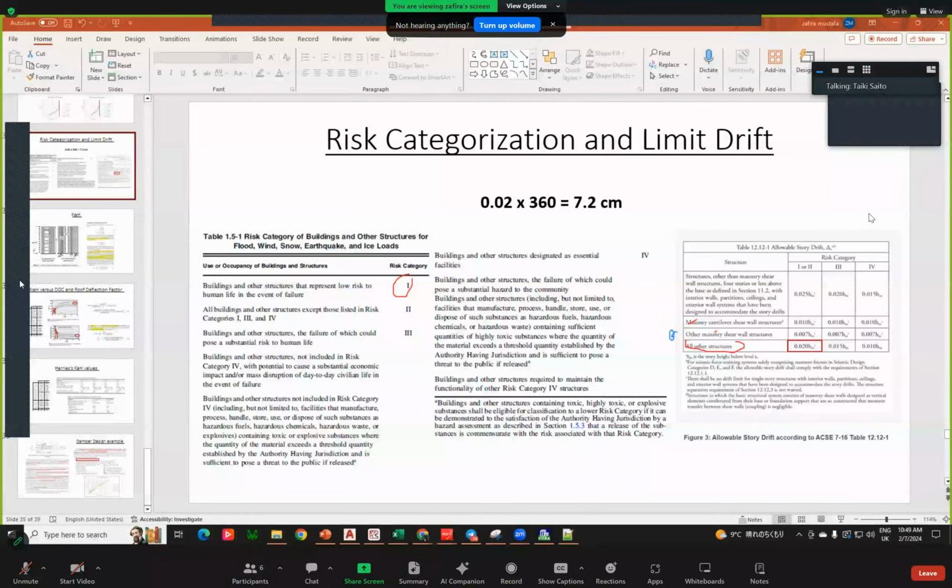It's not the masonry shear wall structure. Yes, these two are for masonry, and this will be other structure. Other structure includes moment resisting frame or coupled shear wall. I believe so, because it's not much different compared to this one, a regular frame structure.